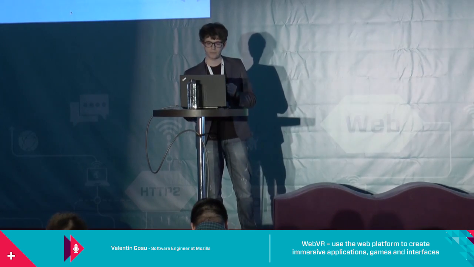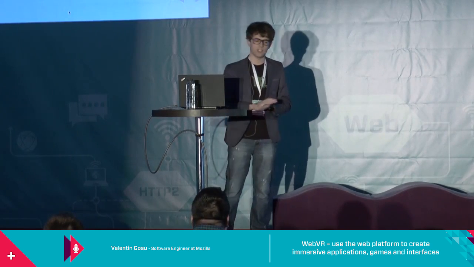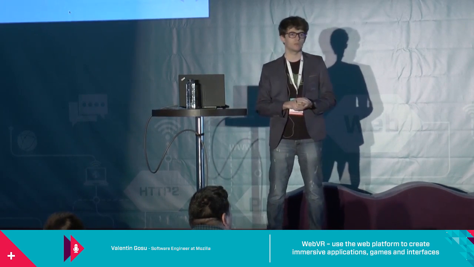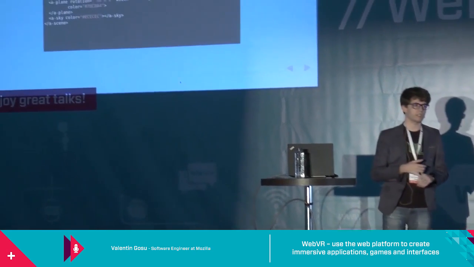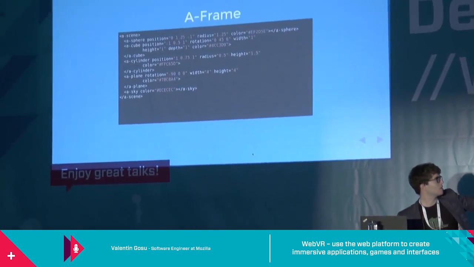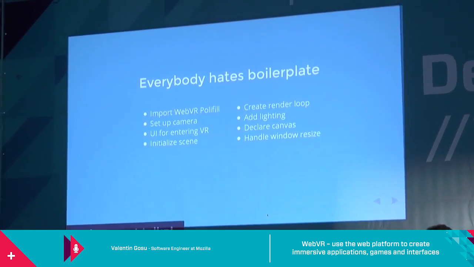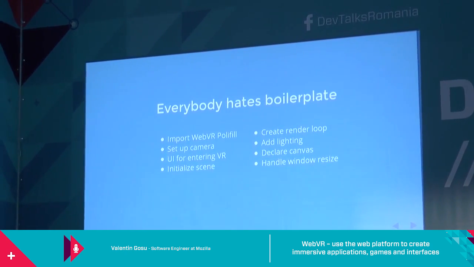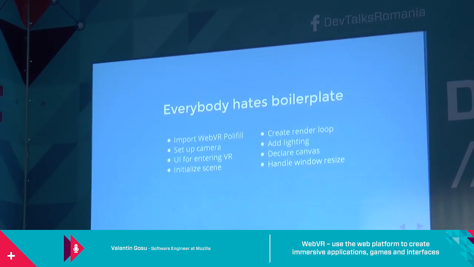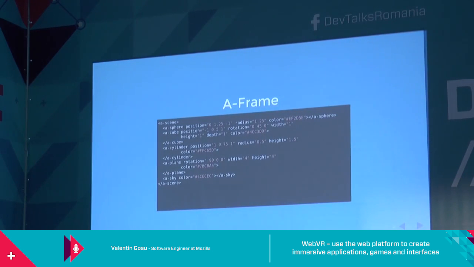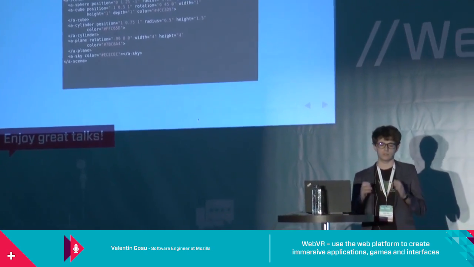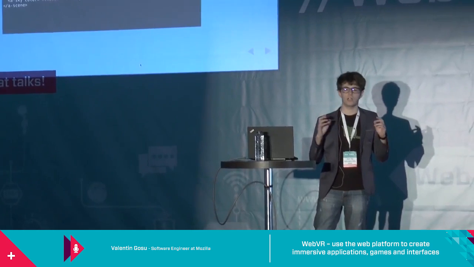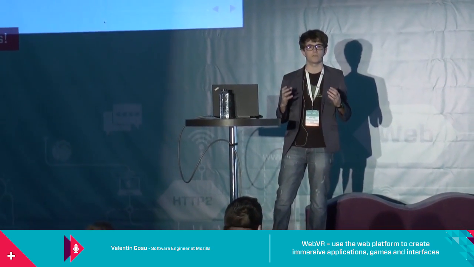A-Frame is a framework which web developers can use to create a VR scene. It takes care of all the boilerplate code that you previously needed to work with, and then you just need HTML markup to say what you want inside of your VR scene.